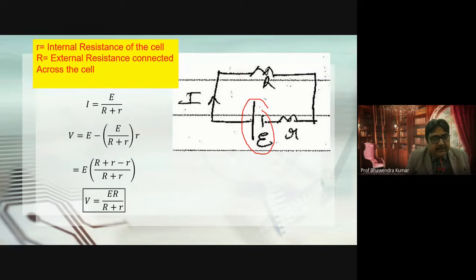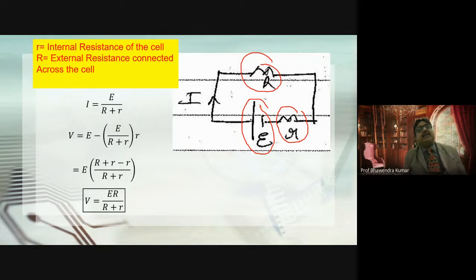This is the EMF of the cell. Small r represents the internal resistance of the cell, and capital R represents the external resistance connected across the cell. I is the current supplied, that is EMF divided by R plus r.